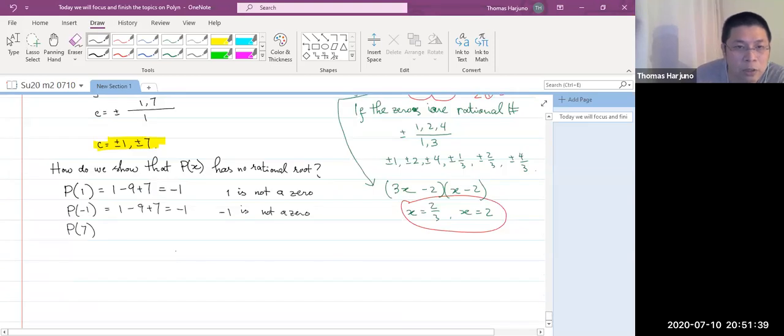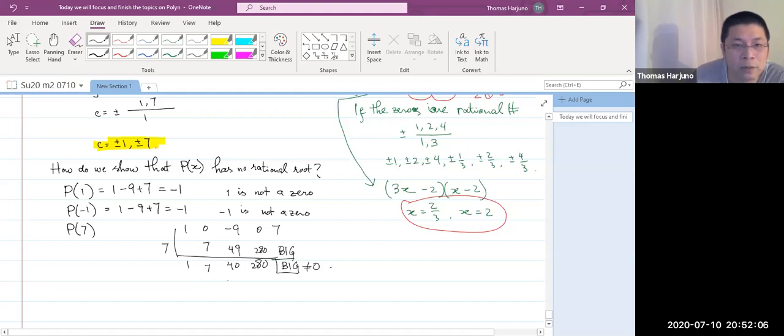Let me do it this way, use synthetic division. That's 1, 0, -9, 0, 7. And it's not 0.